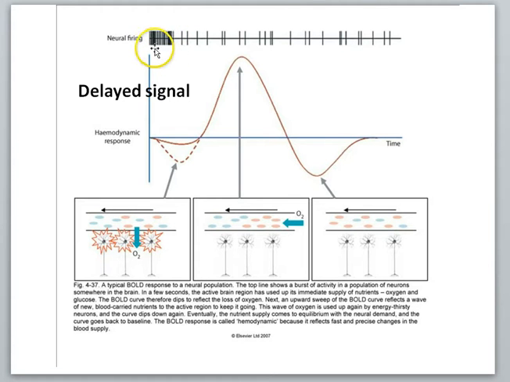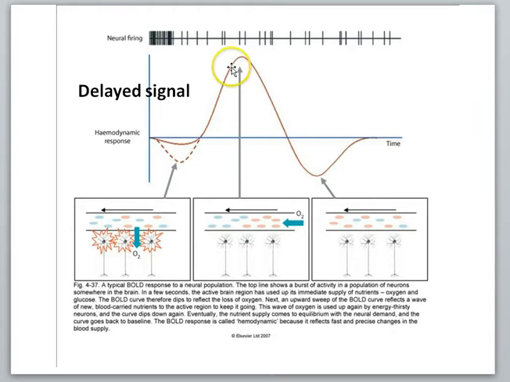So the person is maybe doing some kind of task, this brain cell becomes highly electrically active, but the time course of the change in blood flow is delayed, right? So the fMRI technique unfortunately does have this feature built into it. It's a delayed signal because it's measuring the increase in blood supply to the neurons that show high activity, but the electrical activity is happening before the change in blood supply.